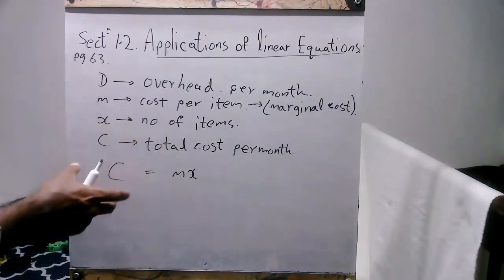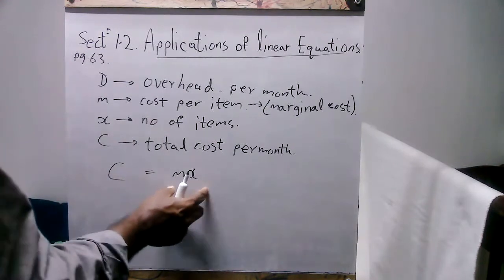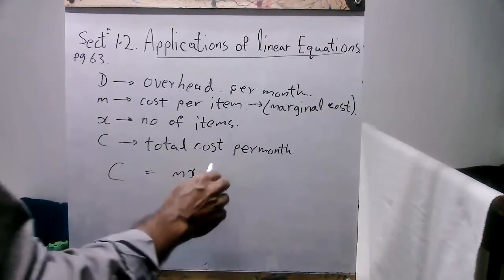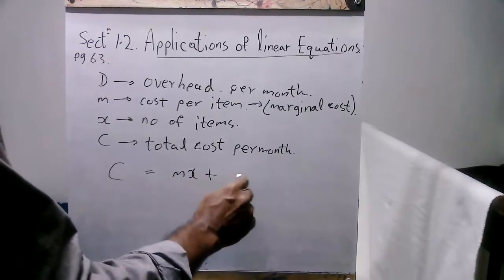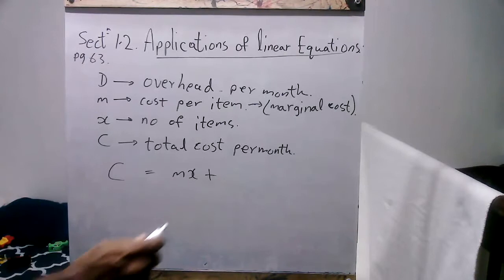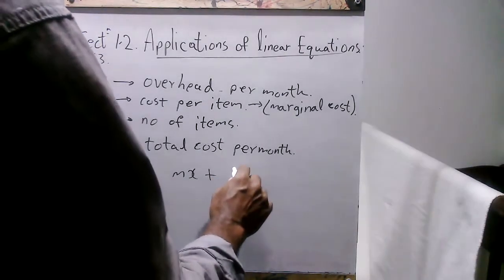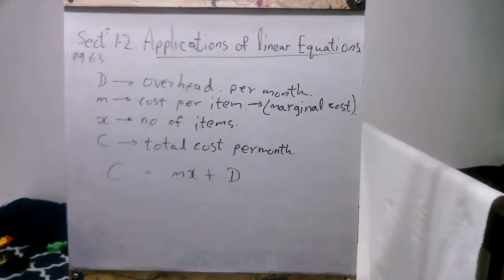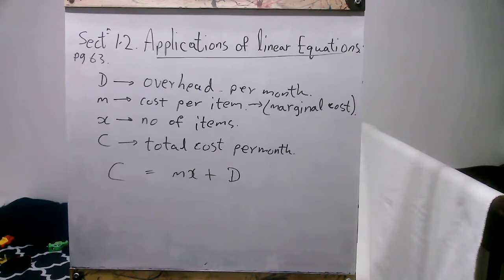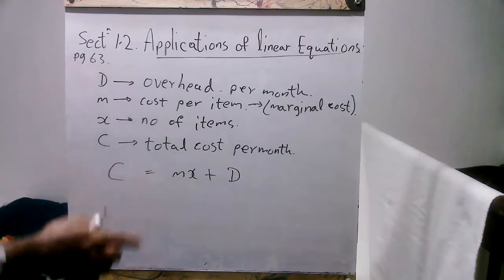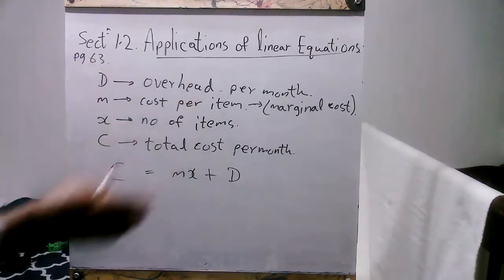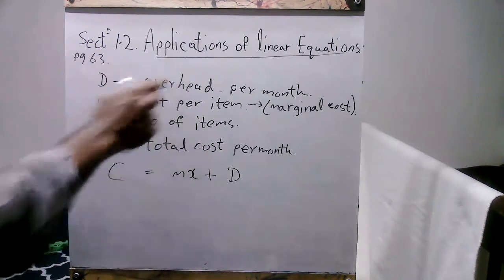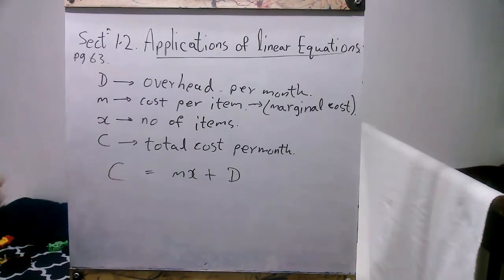Now when you calculate total cost, we have to add this to the overhead. For example, the rent of the place, etc. So I have to add the overhead to that. Rent of the place, initially has to install machinery, etc. That all goes to the overhead. So this is his total cost.